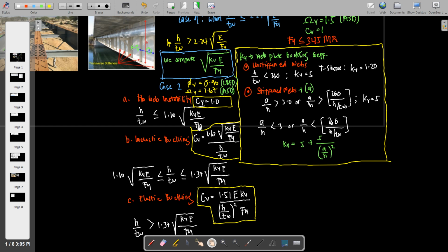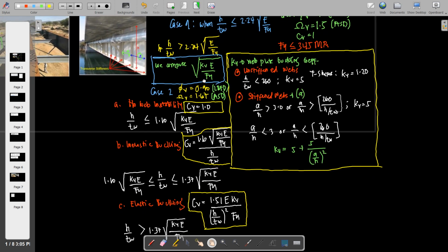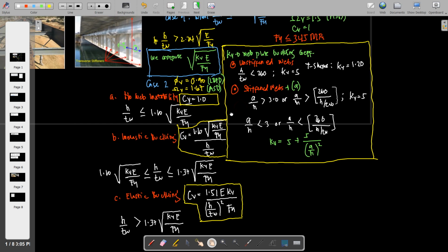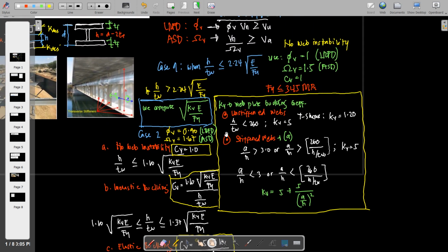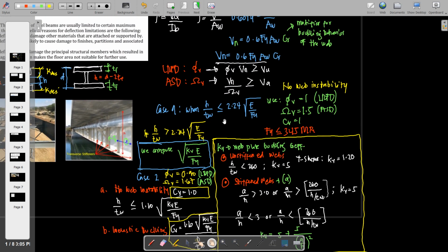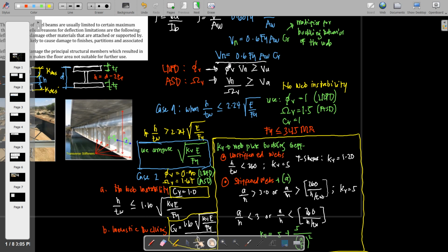So, this is with regards to types of shear buckling. Okay? So, if we have this, then we can go back to this formula, no? So, this is the master formula.